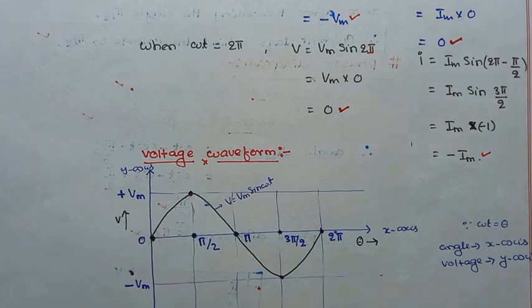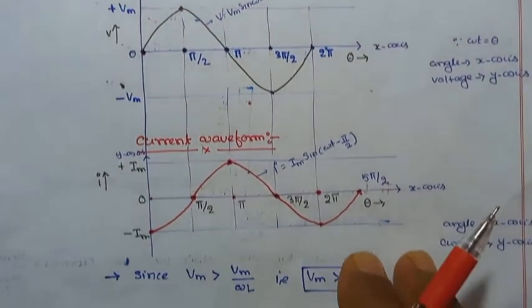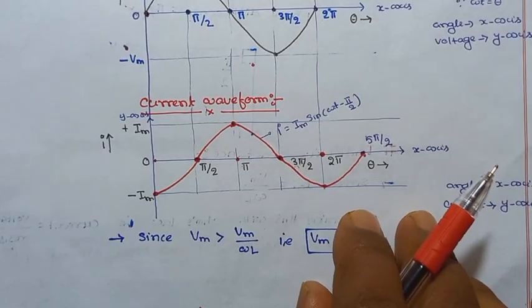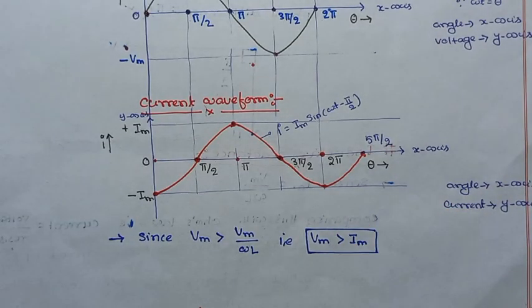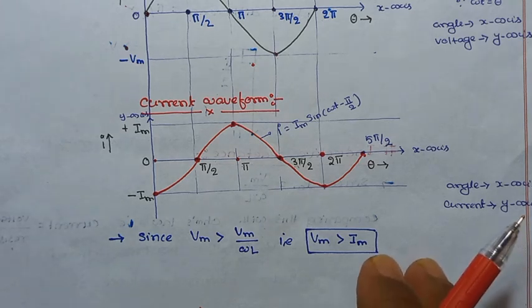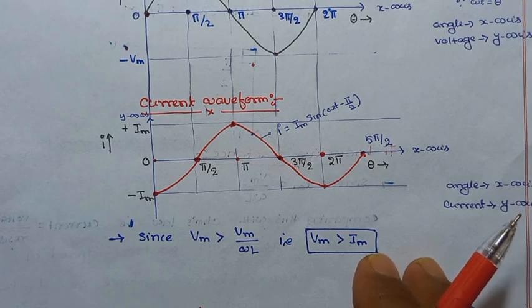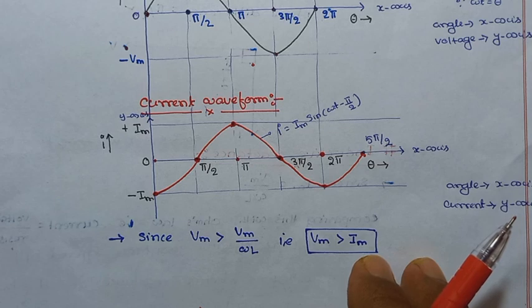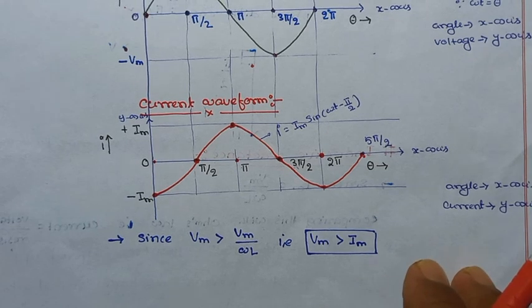Similarly, now we will draw the current waveform. Just now we have calculated for different values of omega t: when omega t is equal to 0, we get negative maximum current, that is minus Im. When omega t is pi by 2, current is 0. When omega t is pi, current is positive maximum, that is plus Im. When omega t is 3 pi by 2, current becomes 0.